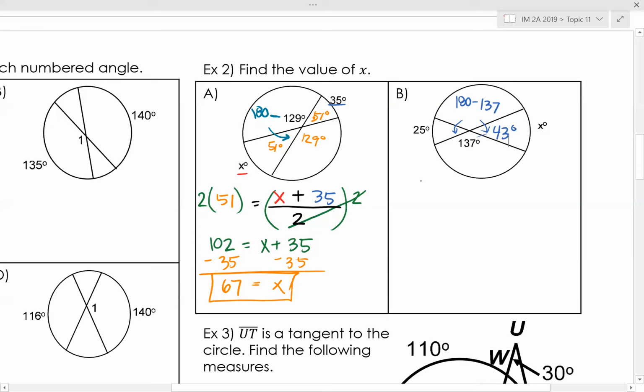So that means that 43 degrees, my angle, must be equal to the sum of the arcs divided by 2. So the 2 arcs are 25 and X. I did the degree for the first one, so I need to do them.